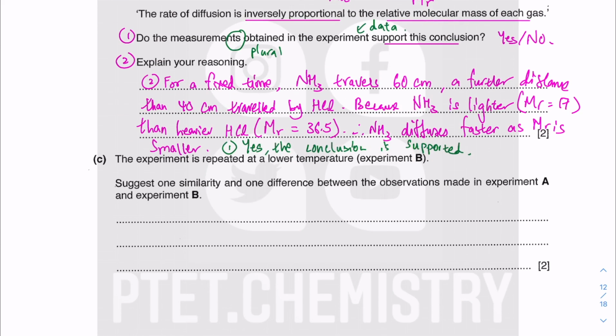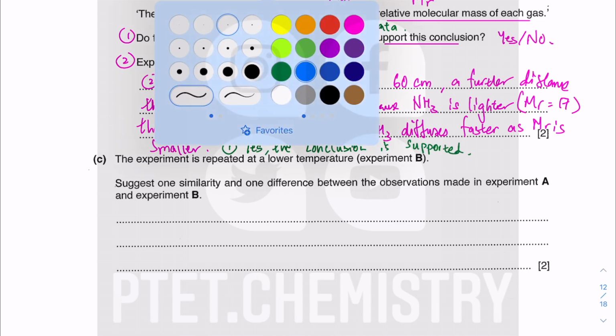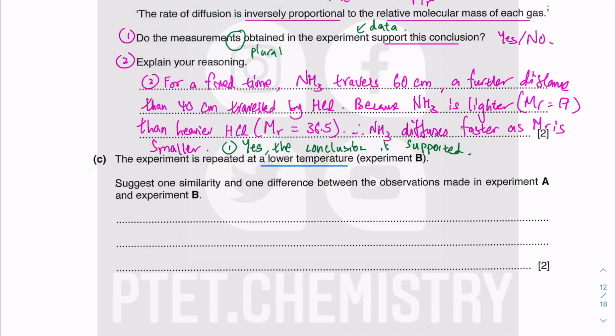Now the next bit of the question is to do with repeating at a lower temperature. So now you don't change anything, you still have NH3, you still have HCl, but you do it at a lower temperature. How does temperature affect rate of diffusion? It's not directly stated in the syllabus, but there's another bit of the syllabus on how temperature affects how fast the particles can move.